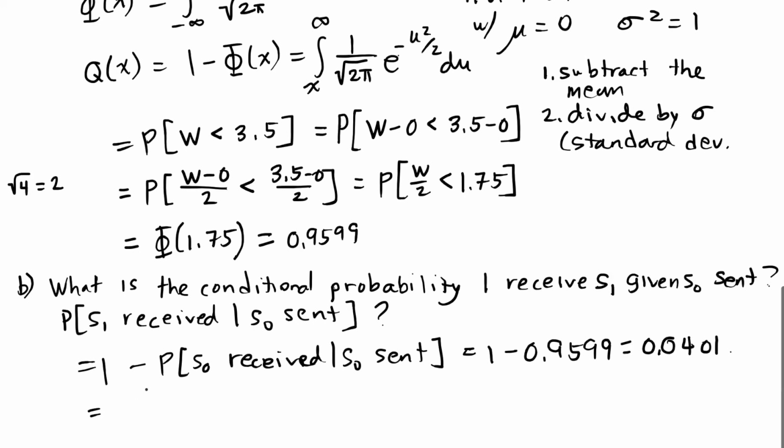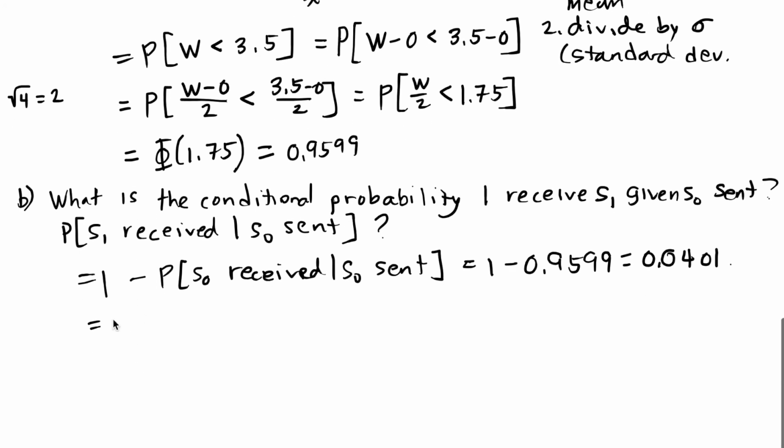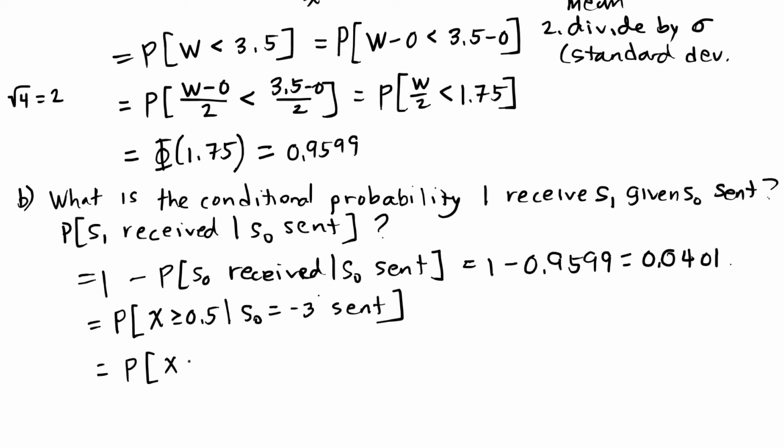I could have also started this problem a little bit earlier and said, what is the probability? I've written this as the probability that S1 is received. S1 is received whenever x is greater than or equal to 0.5, given that S0 is equal to minus 3. And I could convert this in the same way that I did before.